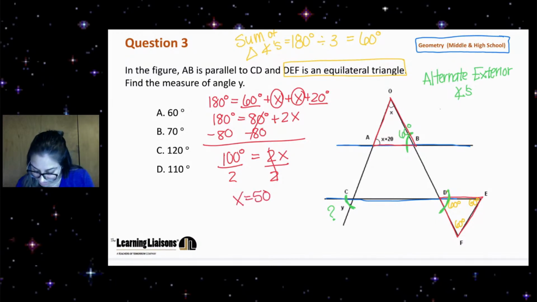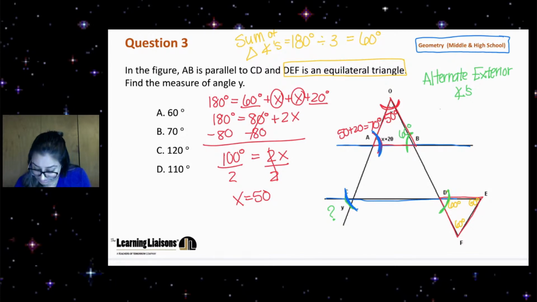So the angle up here is 50 degrees, and the angle here is 50 plus 20, which is equal to 70 degrees. Well, what do those angles look like comparing it down here? y and this angle are alternate exterior angles.